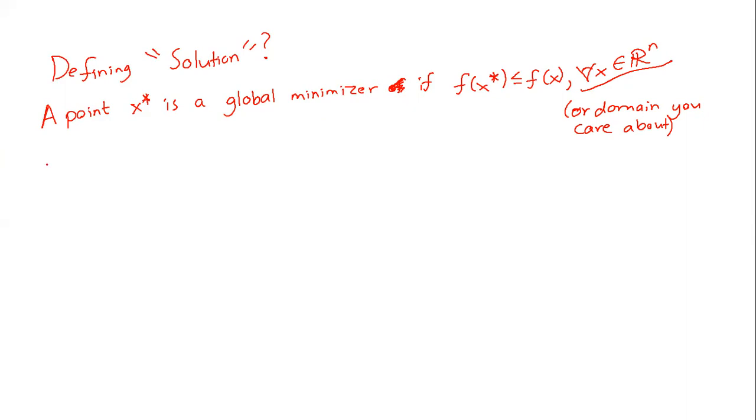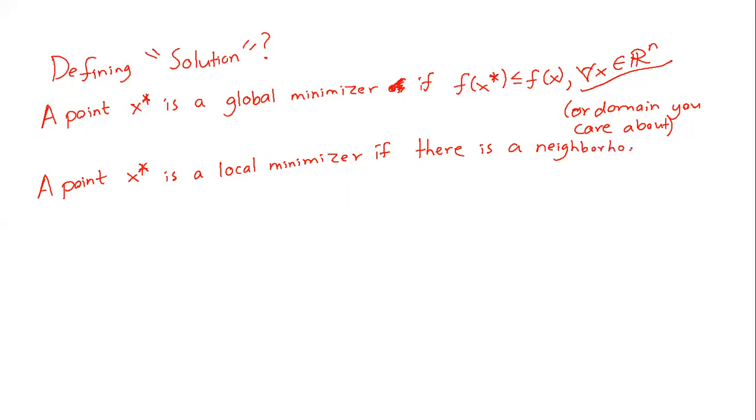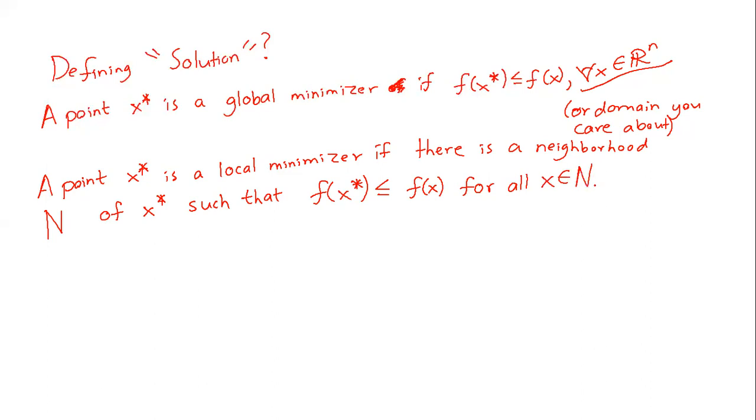But a local minimizer is defined like this. A point x star is a local minimizer if there is a neighborhood, which they write as N, of x star, such that f of x star is less than or equal to f of x for all x contained in N. So here's the definition of a local minimizer, and we can compare it to global.